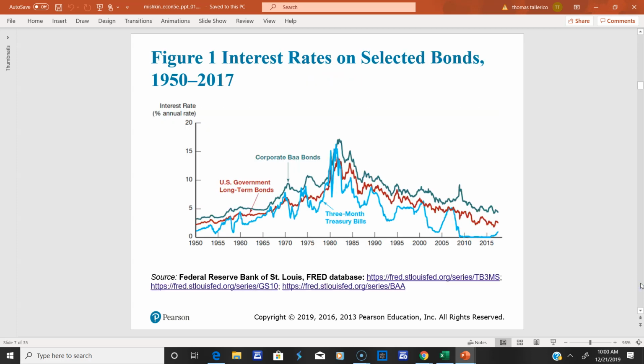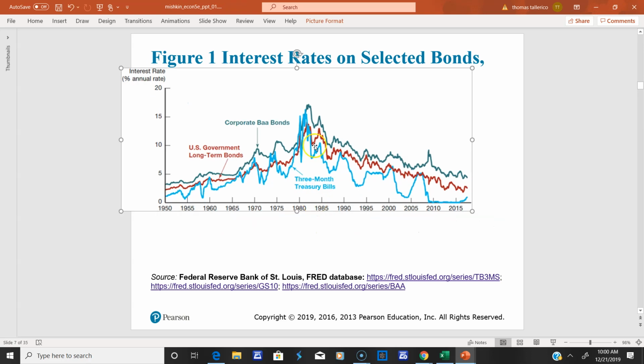All right, so here is the interest rate on different types of bonds over the last, I guess, 67 years. Here's government bonds. Government bonds are treasuries, right? Treasury securities. This is typically long-term, let's say 30 years. Here's the 3-month short-term T-bill.